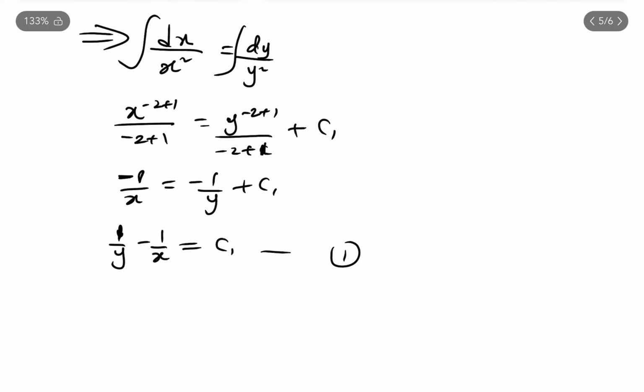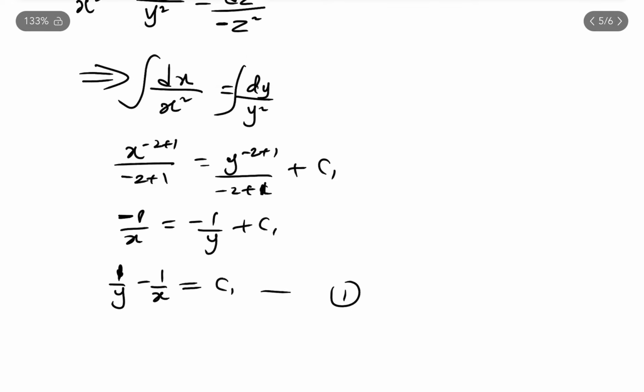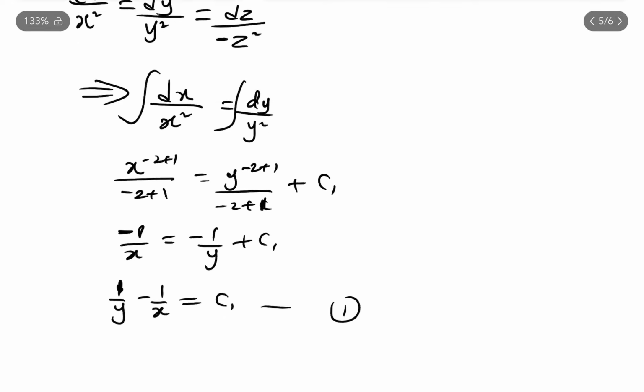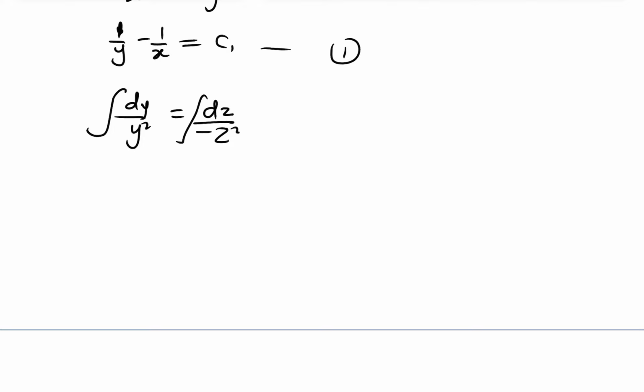The next one is to integrate the other two terms. So we have dy over y squared equals dz over minus z squared. We also integrate this because they're already separated.